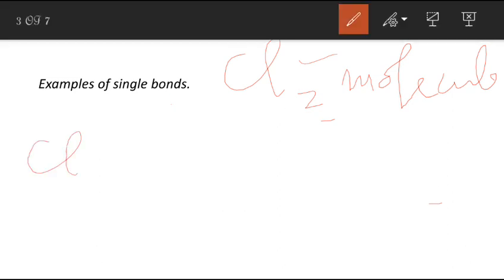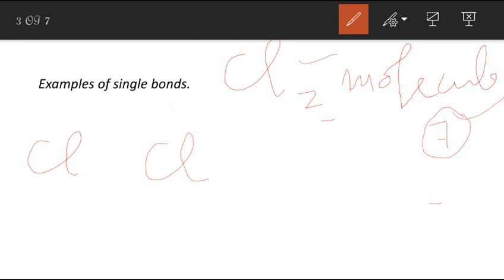We will write the symbol of chlorine atoms and form the electron dot structure. In order to form the electron dot structure of an atom or a molecule, just write down the number of valence electrons. In a chlorine atom, how many valence electrons are present? 7 valence electrons. We will distribute these 7 electrons.